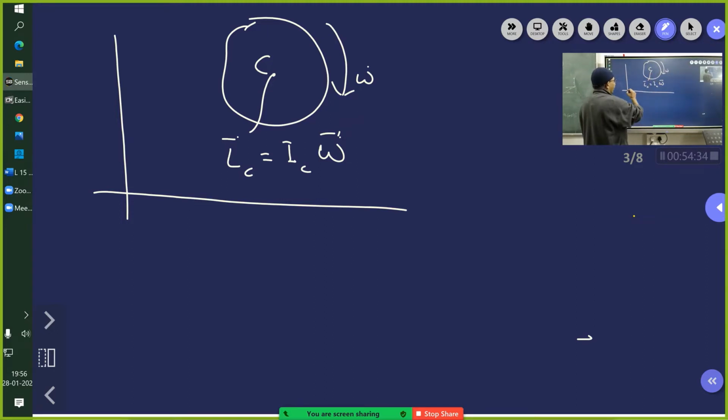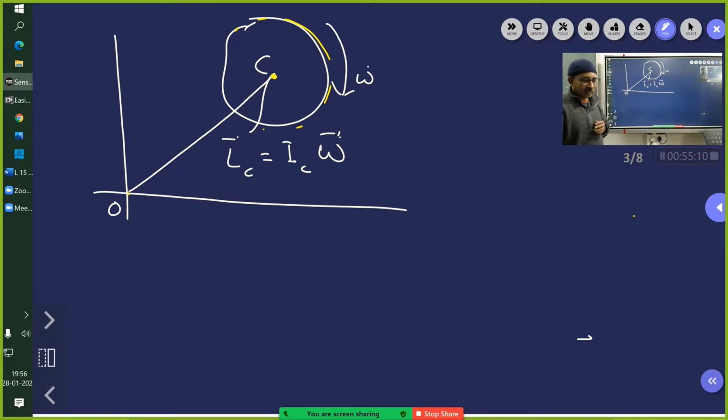Now we will have to address it with respect to this point O. If this body is moving, and you want to find the angular momentum of this body with respect to this point, then whenever we go to a point outside the body, in most of the analysis you can consider the entire mass to be concentrated at the center.